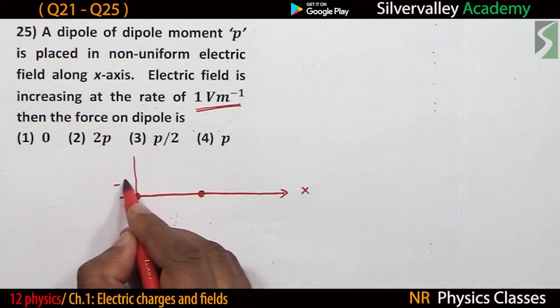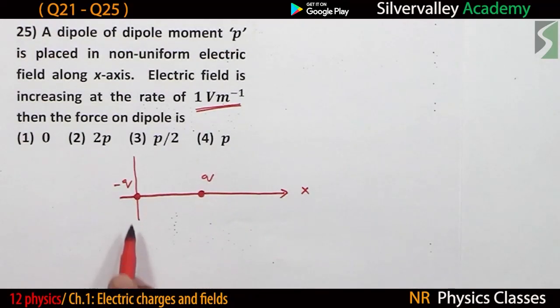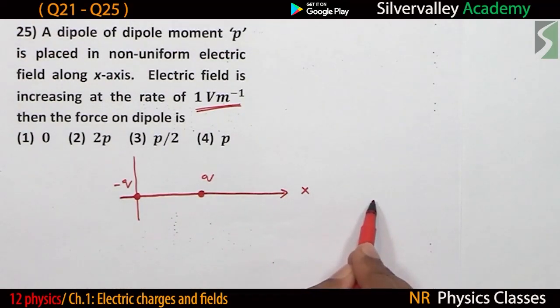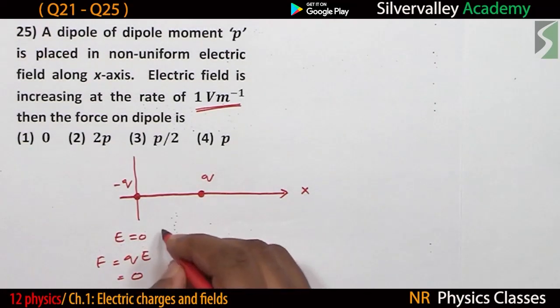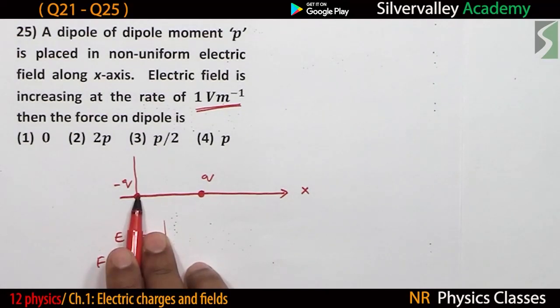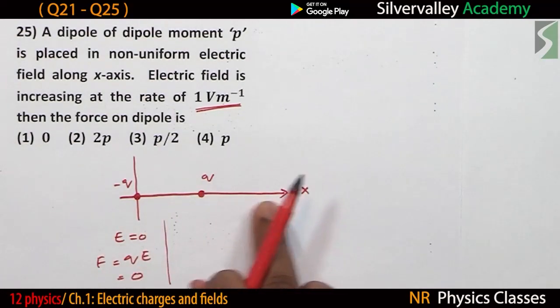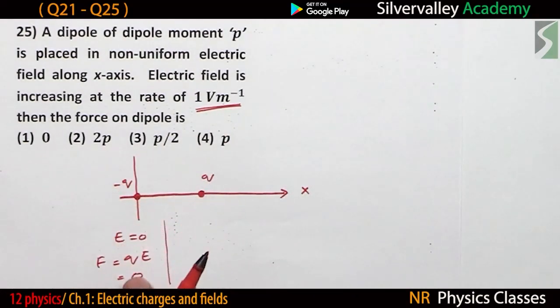This is minus q, this is plus q. There is electric field along the x-axis. So electric field at this point is 0, assume it is 0, then force equal to charge into electric field, which is equal to 0. Hope you understood this. If electric field is 0, then along the x-axis electric field increases at this rate. Therefore, force on minus q is 0.